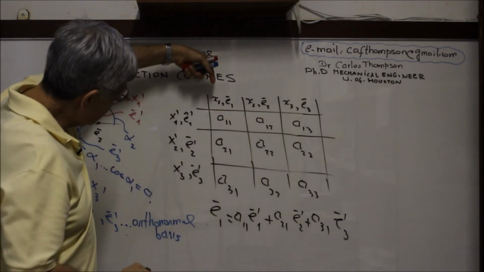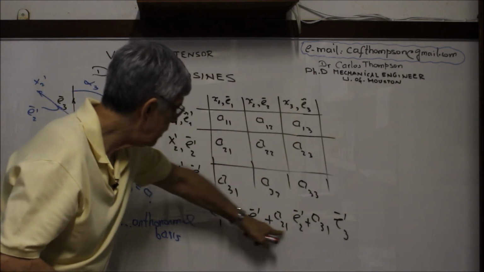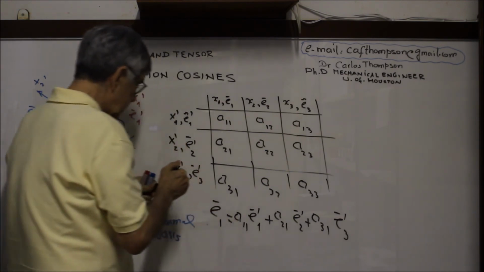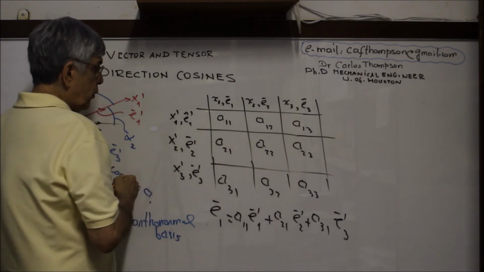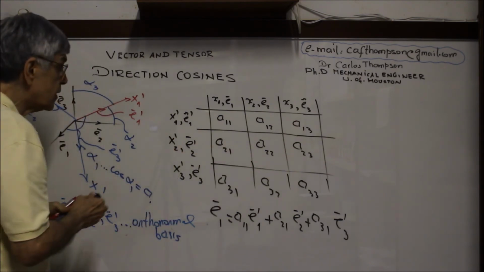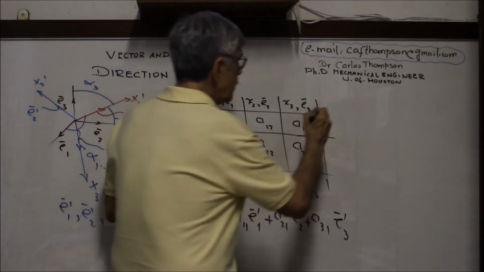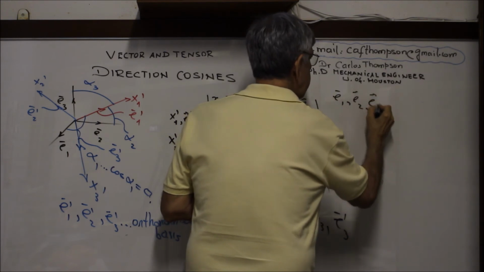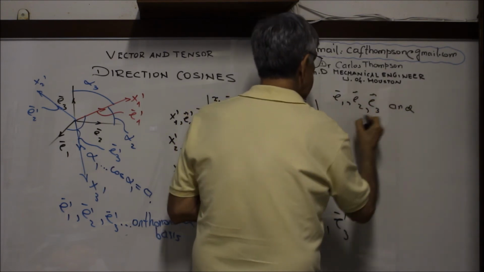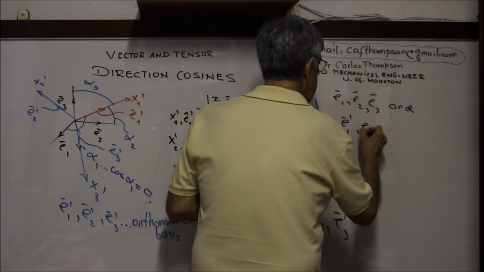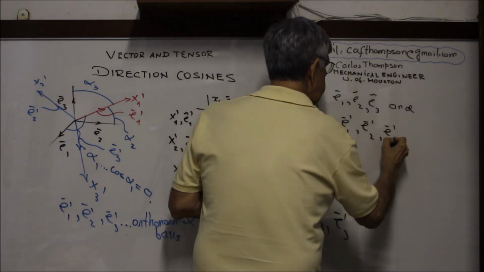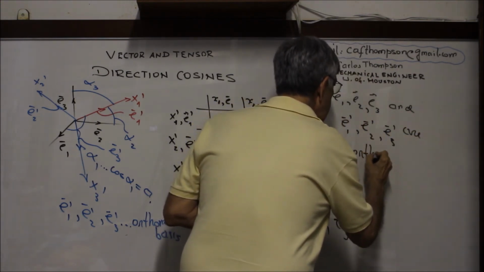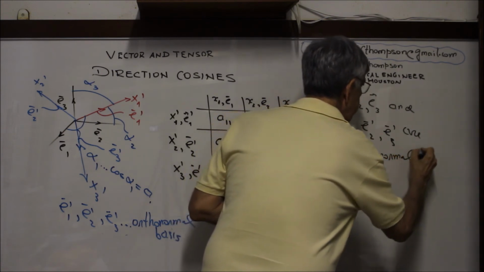Look at this table over here. Now, why can I express this? Look at this table, because this is very important: E1, E2, E3 and E prime 1, E prime 2, E prime 3 are two orthonormal bases.